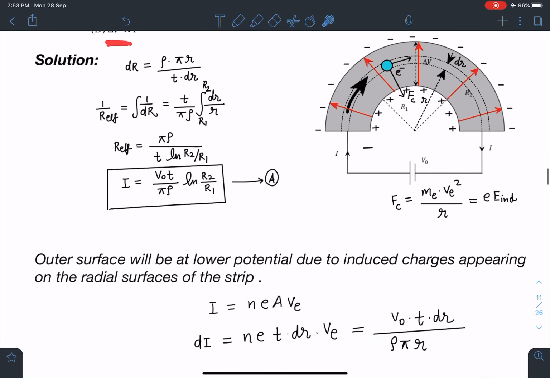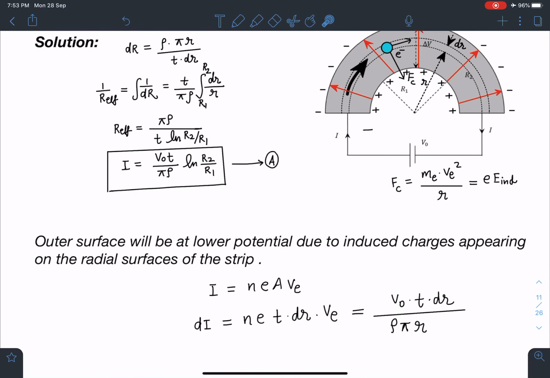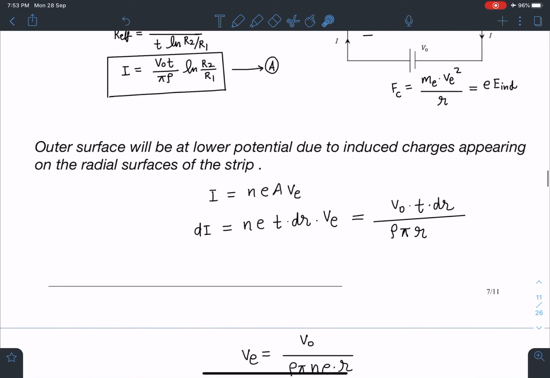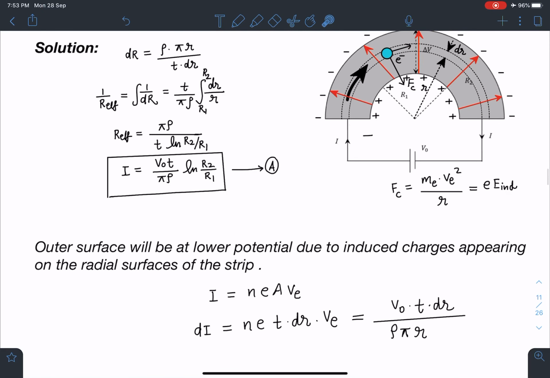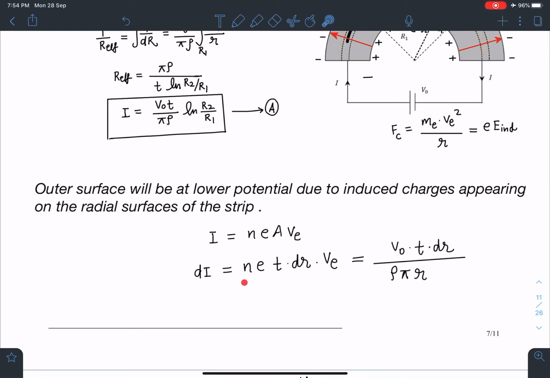Basically I have to check the magnitude of this electric field. So I write this small current value as V naught divided by the resistance of this strip, which we calculated earlier. And that value is nothing but n e A vd, where vd is the drift velocity, which I'm calling v_e here.